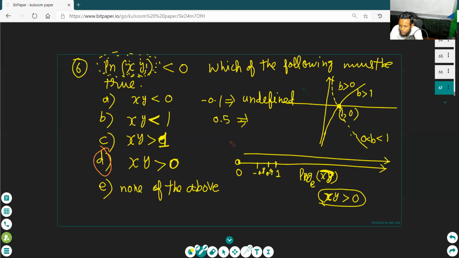I say you put values less than 1. We can put 0.9, 0.8, 0.7. It will be a negative number. I put 0.5, it gives me a negative number. Negative value, okay? Now put a value xy greater than 1.